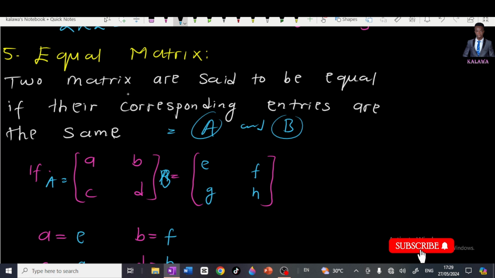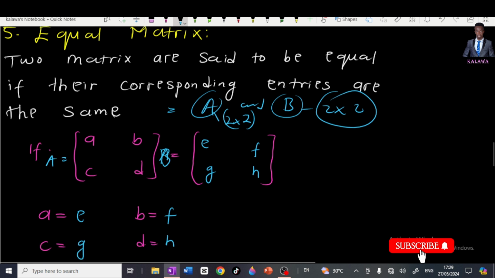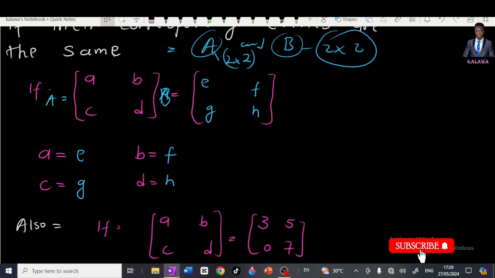In other words, in matrix A we have a 2 by 2 matrix, and in matrix B we also have a 2 by 2 matrix. So you can call them equal matrices because they have the same number of rows and the same number of columns.